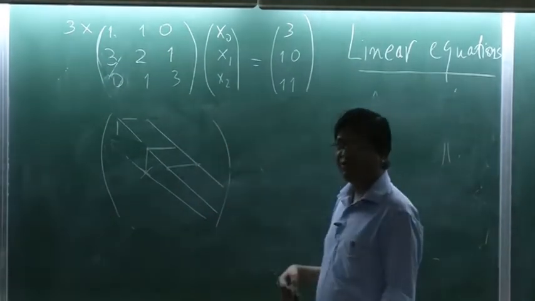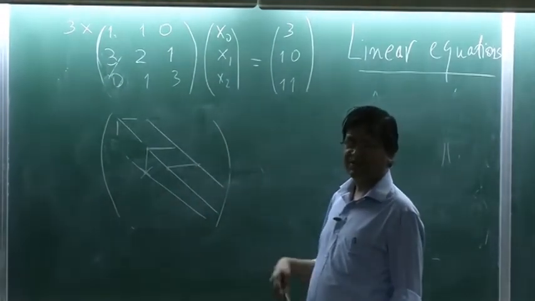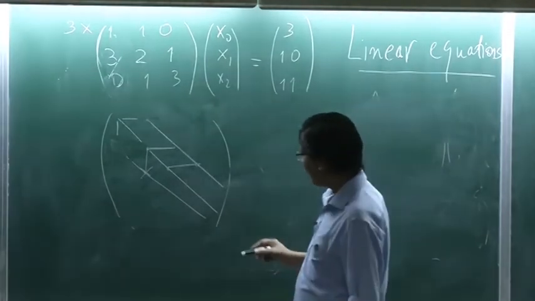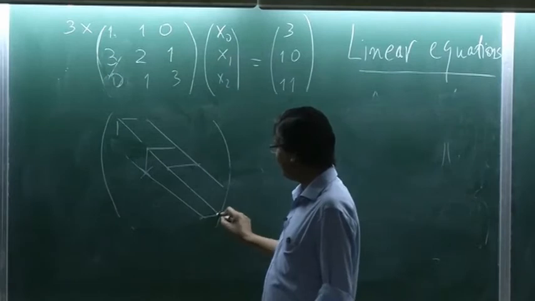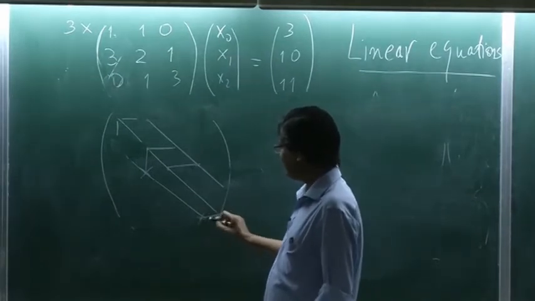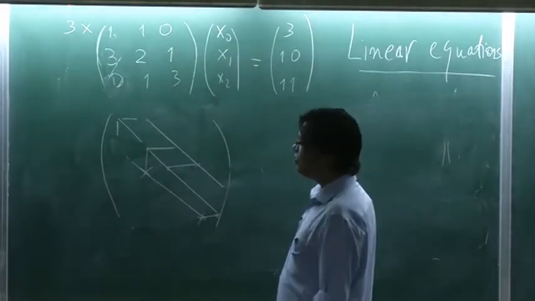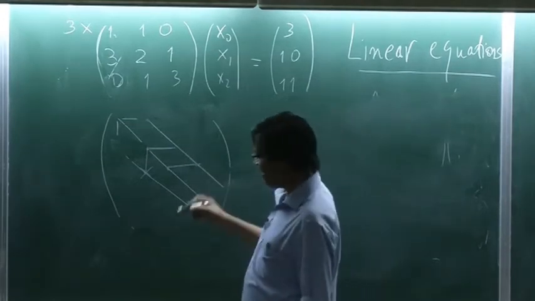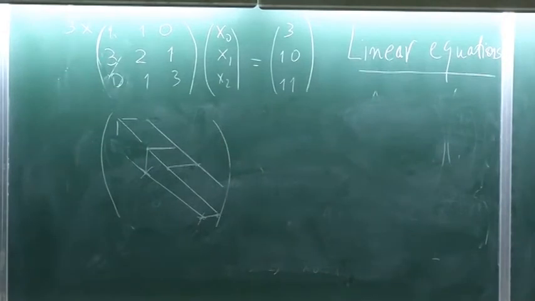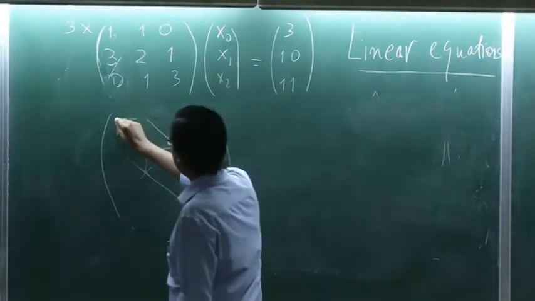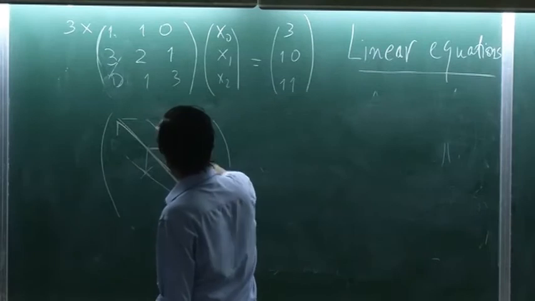So, each row will have only 2 entries, keep cutting it, and finally, the last one has how many entries? Last one has only 1 entry, because there are 2 entries, I get rid of this, I have 1 entry. So, after this operation, you get a matrix which has only the diagonal and one upper diagonal.